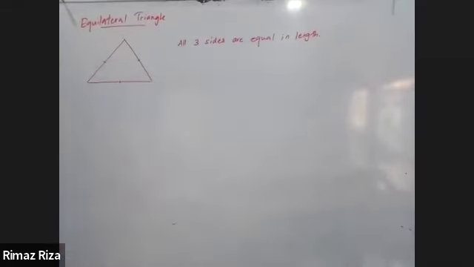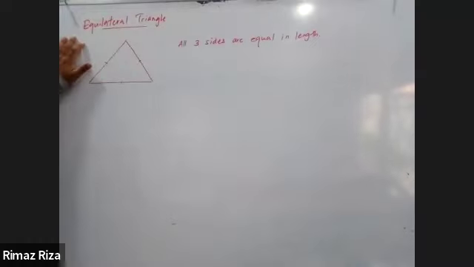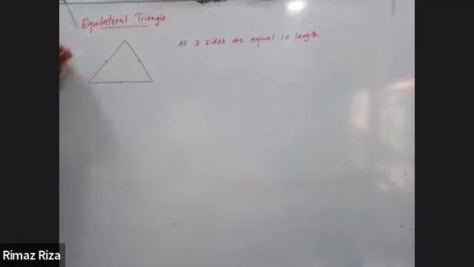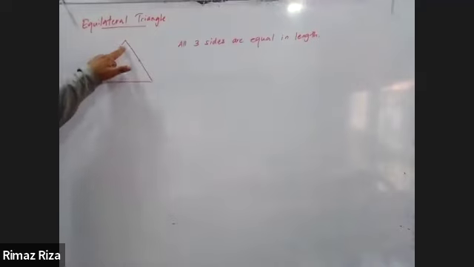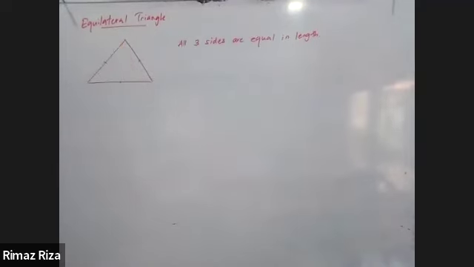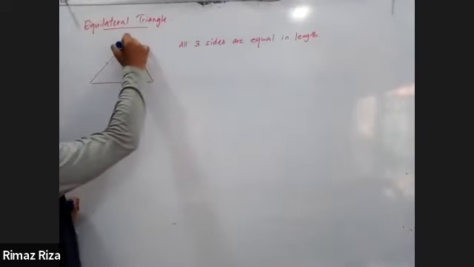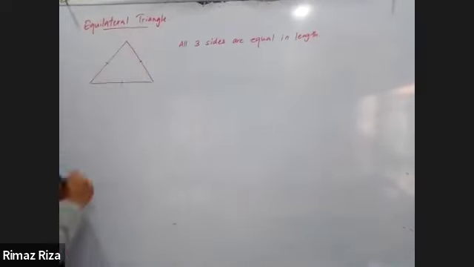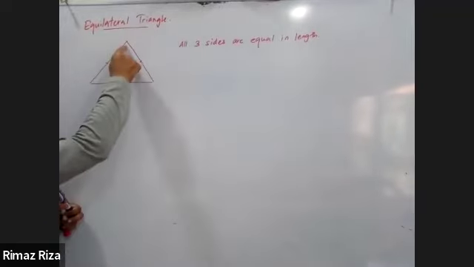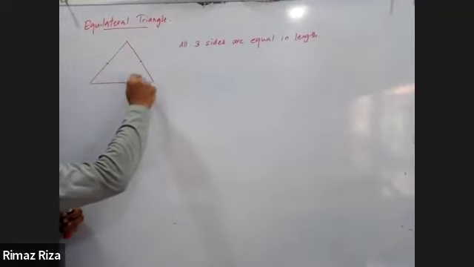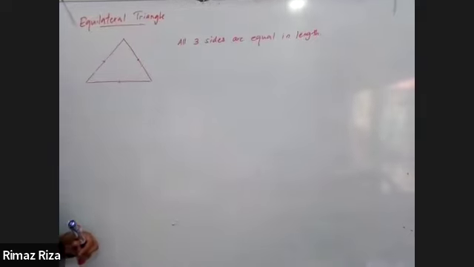And there are a few characteristics of an equilateral triangle. What can you say about the value of an angle? Yes, good, all are less than 90. And what can you say about all these three angles? They are equal in size.